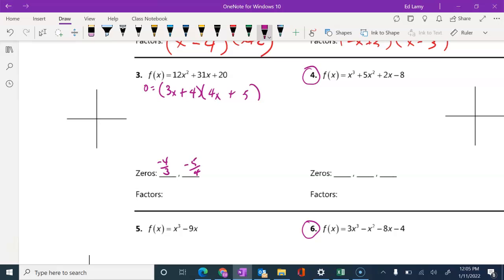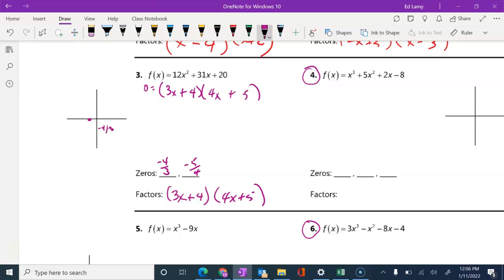We set each of those equal to 0. Leave it in factor form right here: 3x plus 4, 4x plus 5. On the graph, -4 thirds, well, that's -1 1/3, maybe right there.